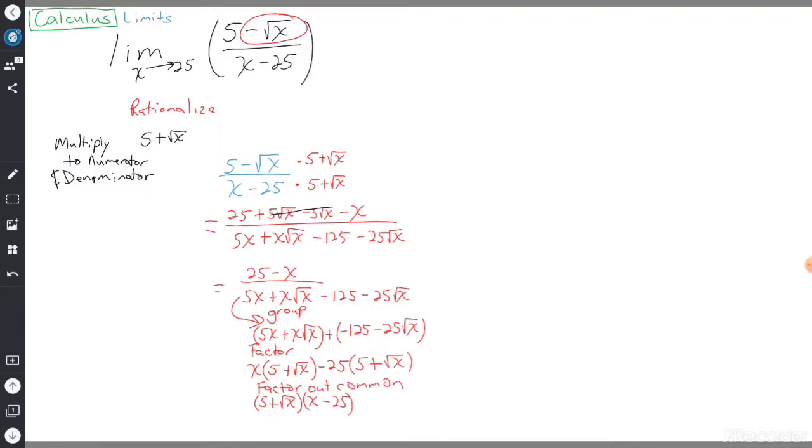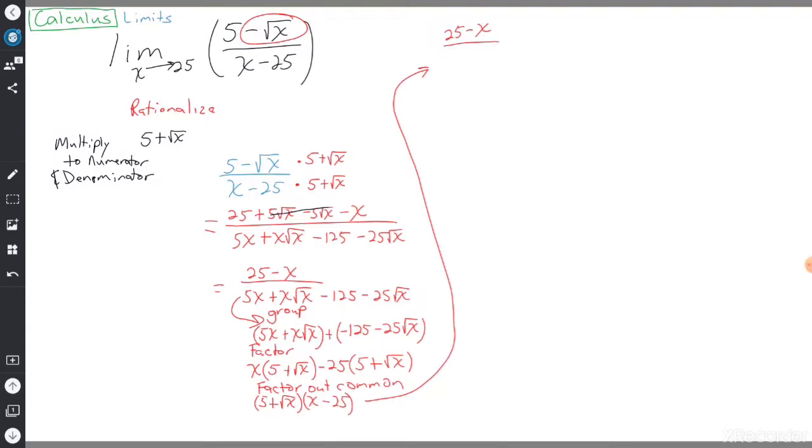Okay, so let's rewrite this again. This is your denominator here, and we're going to look at it from that point of view. Our numerator is 25 minus x.